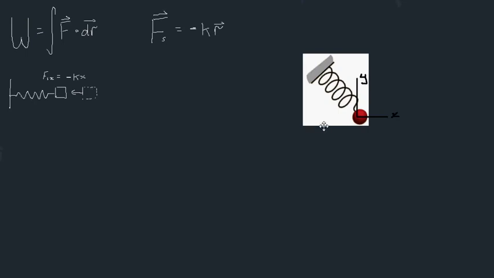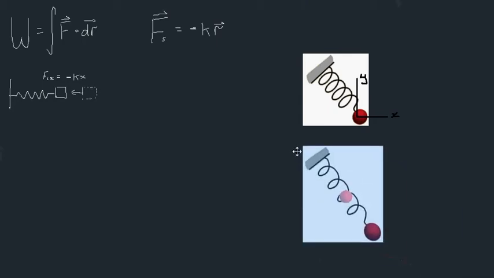And let's say we were then to stretch the spring a little bit more, and I've got a picture of that too. So this is the spring now stretched a little bit. Consequently, we can say that our displacement vector will be from our equilibrium position, because that's where we placed our axis, to some arbitrary point which we've displaced it to. So this will be our displacement vector r.